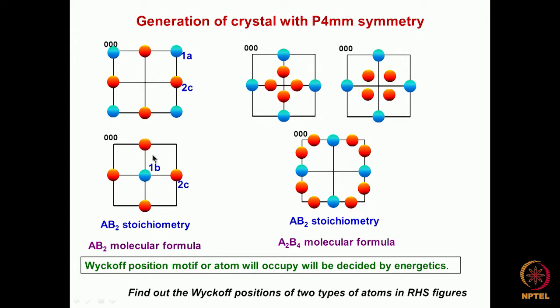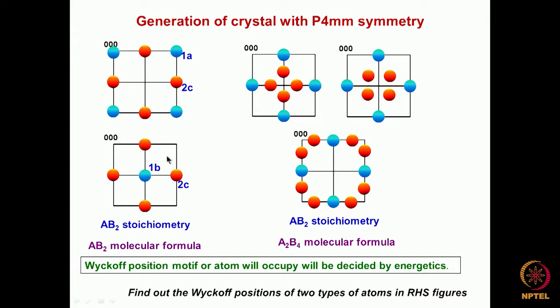In this other case, the A atom is occupying the B position and the C position is occupied by the B atom. So, these are the 2 configurations, because sometime back in the previous slide I showed it just with respect to coordinate positions. Now, it is a graphical representation of it.